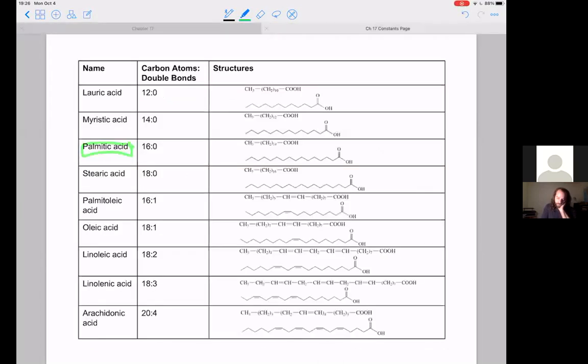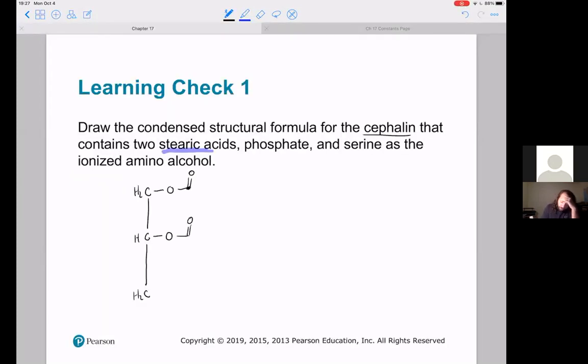So now I have to go to my constants page and figure out what stearic acid is. It appears to be a saturated fatty acid with 18 carbons. So here's one here. Remember, don't forget to count that carbonyl carbon. I must have miscounted somewhere, right?